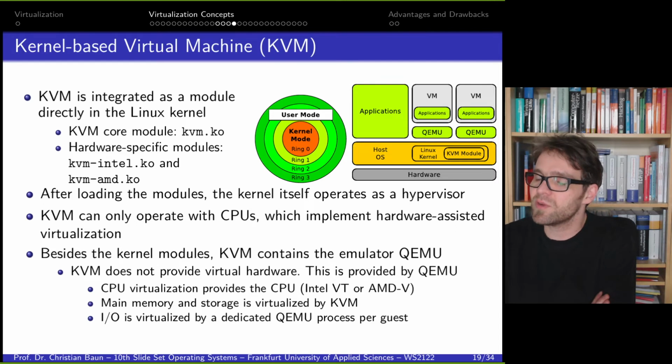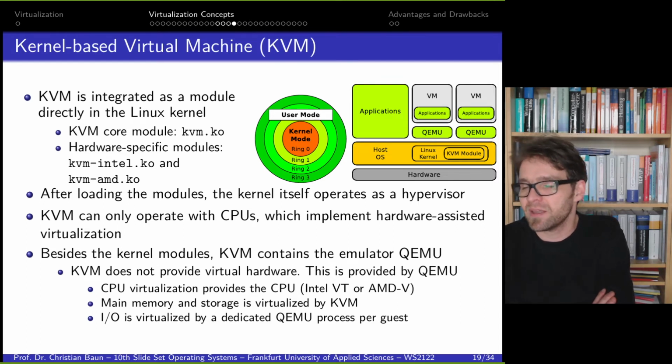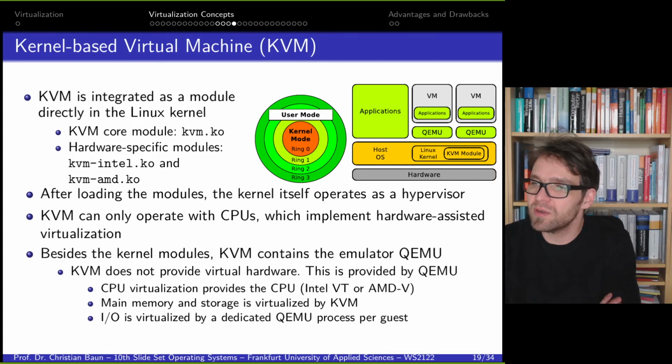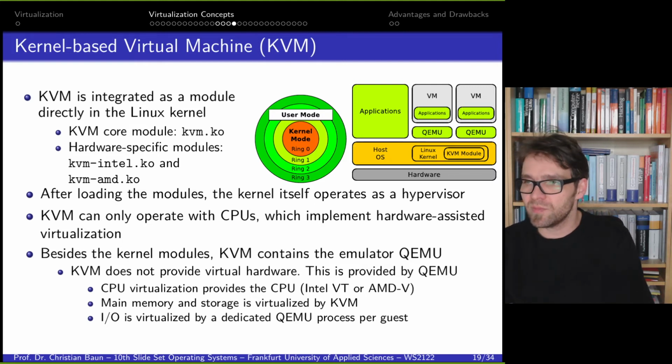So they run in kernel mode, and for this reason the Linux kernel is still a monolithic kernel. But we don't care about this now. It's just two modules, the KVM module and a module which is designed for the hardware architecture.